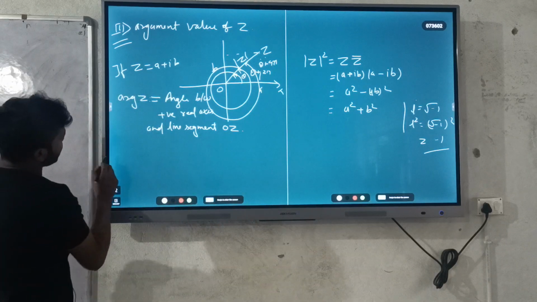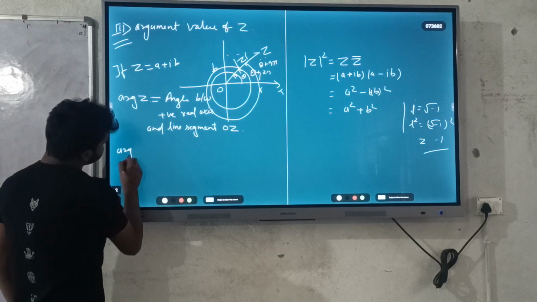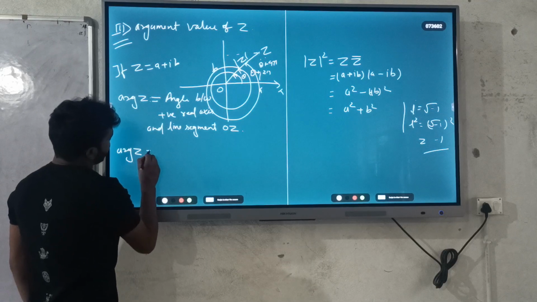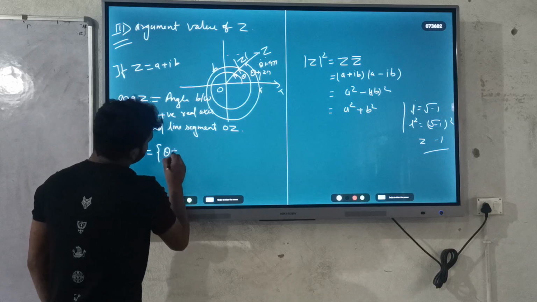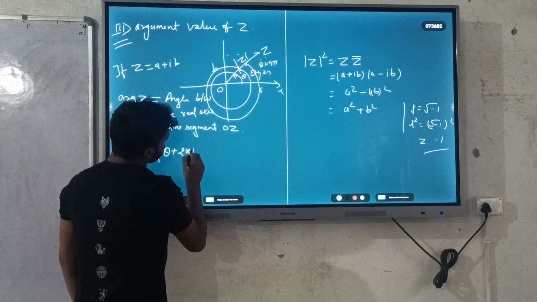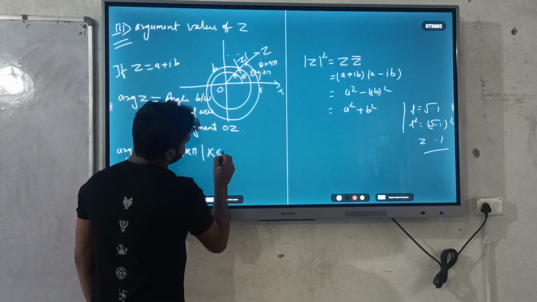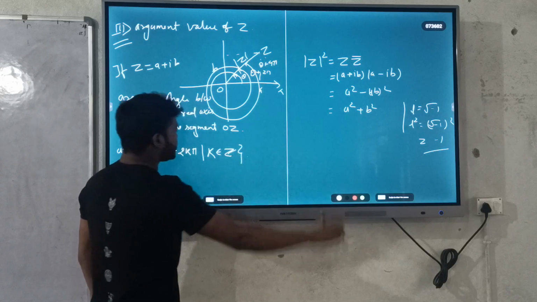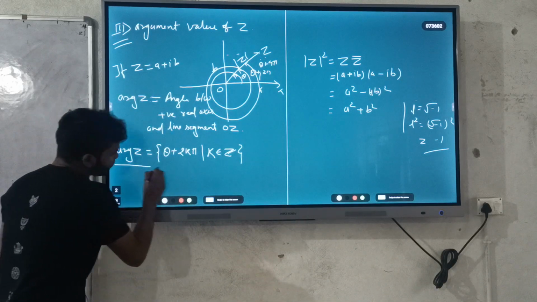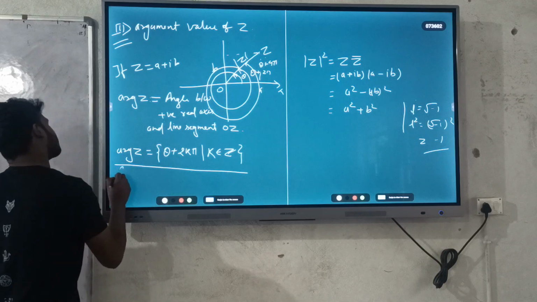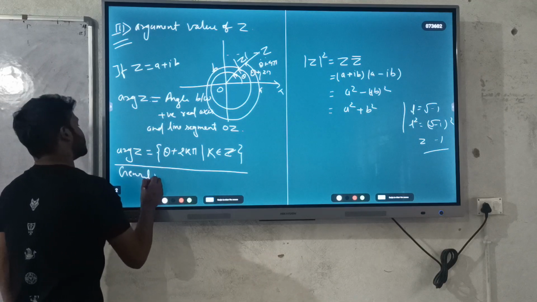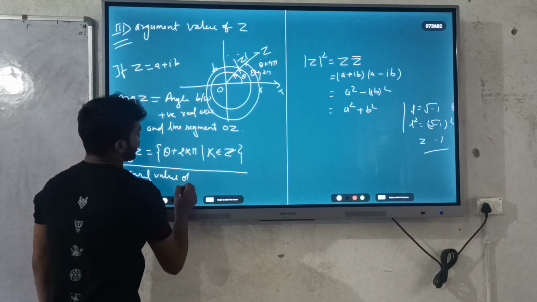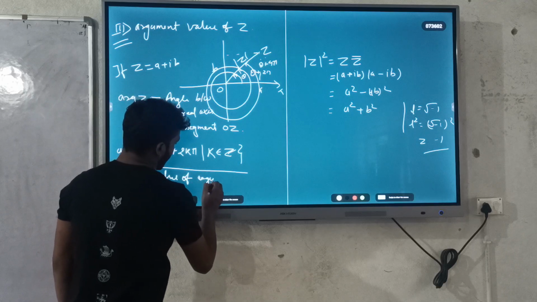The set of all argument values of z can be written as theta plus 2k pi, where k is any integer, and that is called the general value of argument.